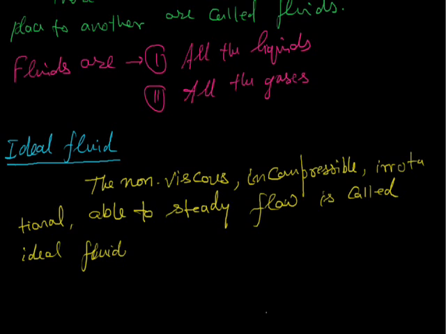Incompressible means we can't compress it. When we apply force, there is no change in the density of the liquid. Then this type of liquid is called incompressible. Irrotational means if we place a wheel inside the liquid, it does not rotate in the liquid.